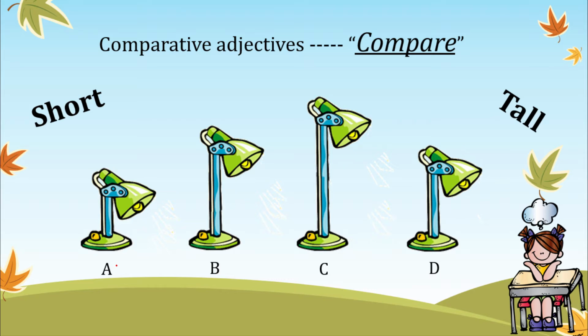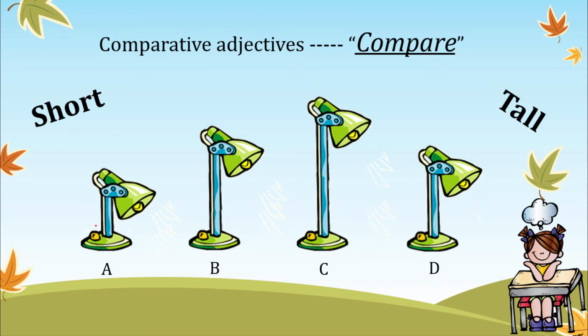For example, lamp A is shorter than lamp B. So what I have just did is I compared between this lamp and this lamp in terms of their height. So this one is short, this one is tall.